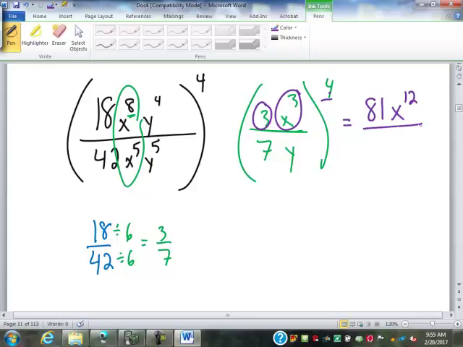Very good. 7 to the 4th power. That's a lot, yeah. I believe it's 2,401. Y to the 4th power? Y to the 4th power. So that's it.